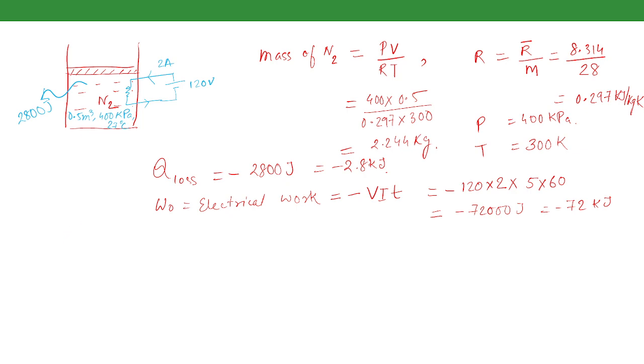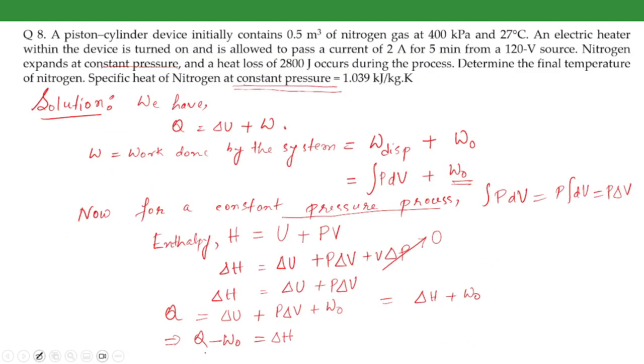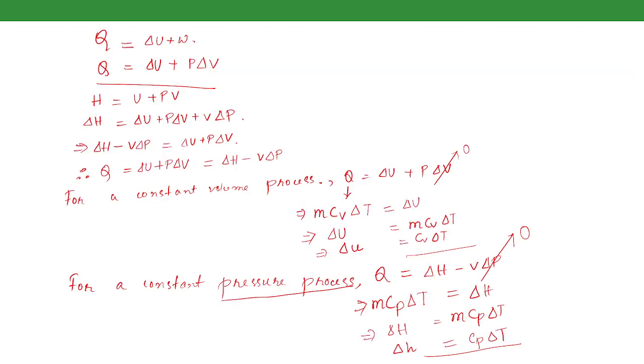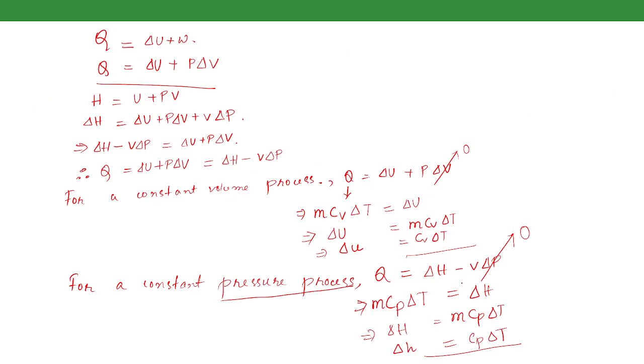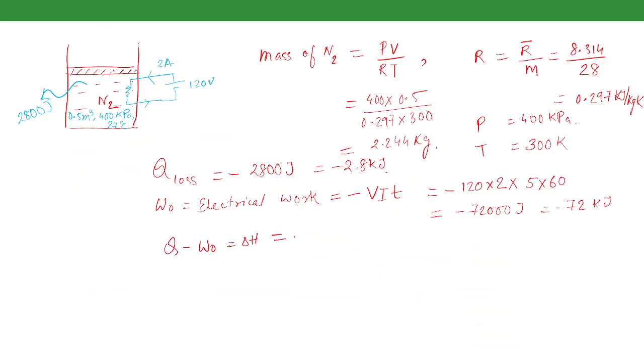Okay, so if we put these values in this expression, Q minus WO is equal to delta H, and this delta H, we have found out, equals mCp delta T. So minus 2.8 minus of minus 72 is equal to the mass of nitrogen, that is 2.244, into Cp.